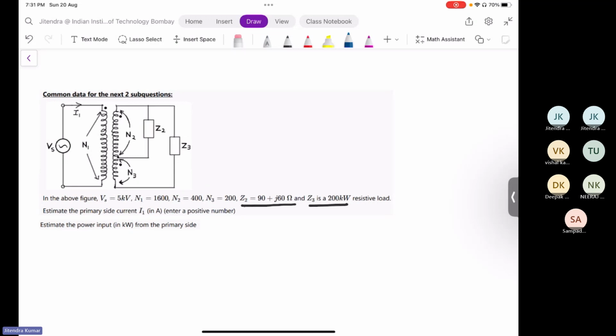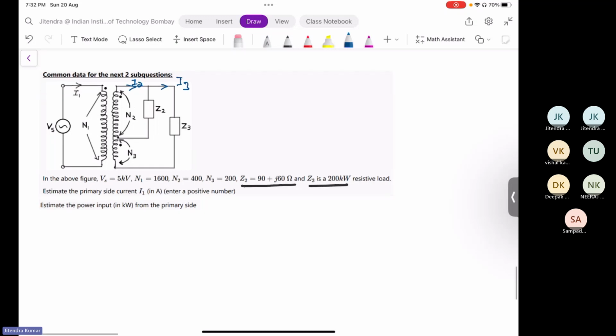So whatever current will flow in the secondary winding, let us assume this is the I2 direction and this is the I3 direction. First thing is to compute I2. We can easily compute that because Z2 is given and V2 we can easily compute. How to compute V2?